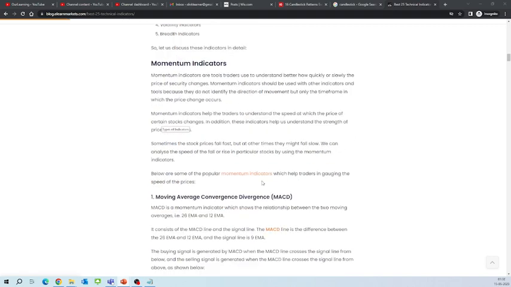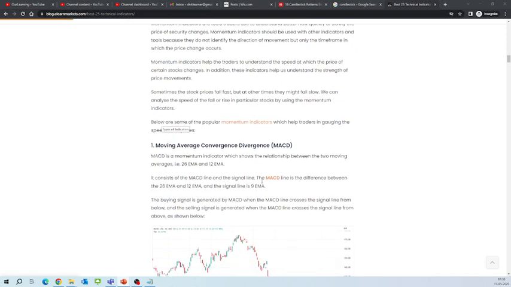So the first one that we are talking about is moving average convergence divergence, also called MACD. MACD is a momentum indicator, the first one in the list, which shows the relationship between two moving averages, not just moving averages but exponential moving averages, which carry weightage. It uses the exponential moving averages of 26 and 12, and it consists of an MACD line and a signal line.